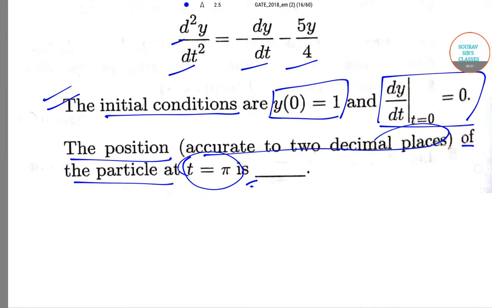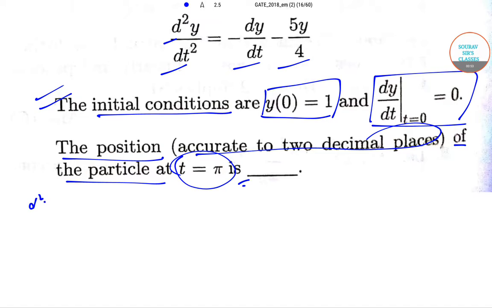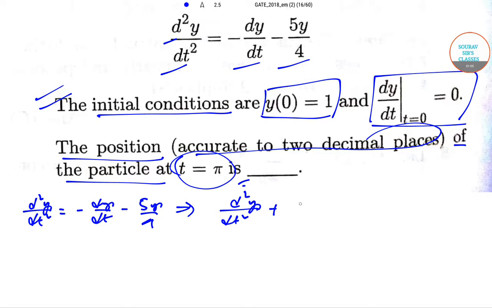Now we have been given that d²y/dt² = -dy/dt - 5y/4. This we can write as d²y/dt² + dy/dt + 5y/4 = 0.